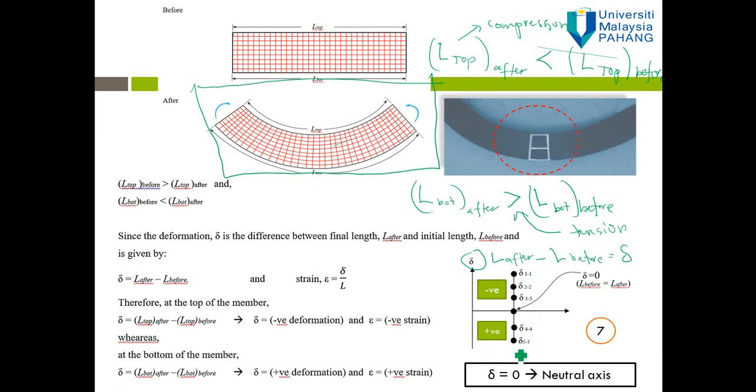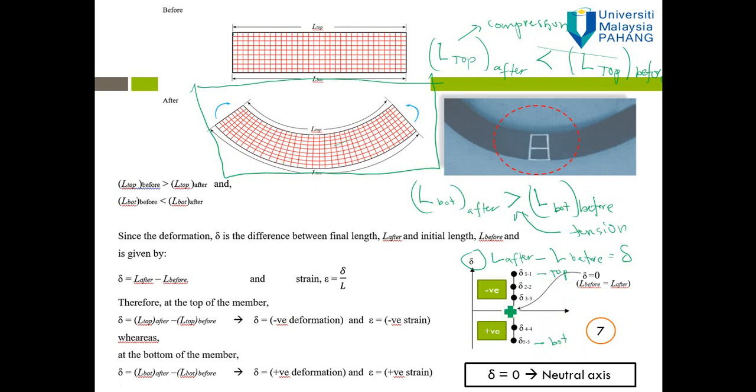As we can see from this picture, there is a change from negative deformation to positive deformation, from the top surface of the beam to the bottom surface of the beam.